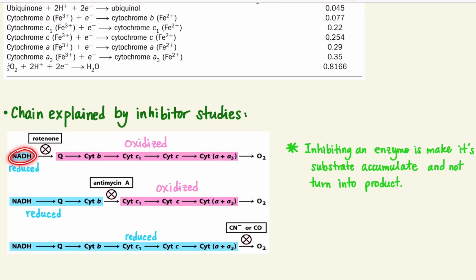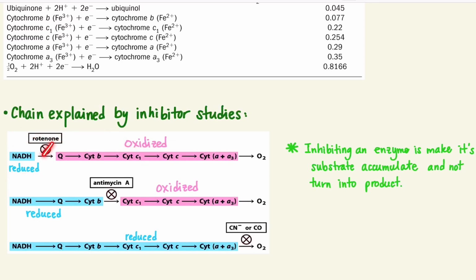So by knowing that these molecules get reduced as you go to the right, what researchers did is they took inhibitor molecules that inhibit specific enzymes in this chain. So when you inhibit this, you can tell that whatever's before it is already reduced, but whatever comes after it is still oxidized.